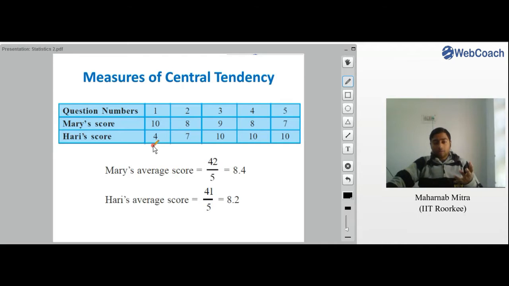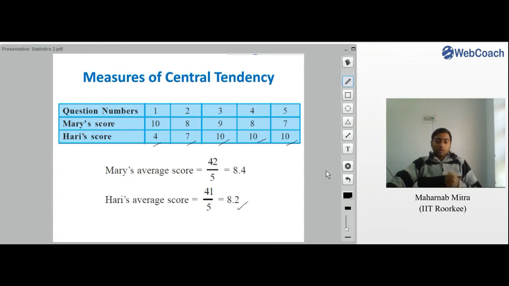And for Harry's score, the sum of all the numbers is 4 plus 7 plus 10 plus 10 plus 10. By adding all these numbers, we get the average score as 41 divided by 5, the sum of the observations divided by the total number of observations.